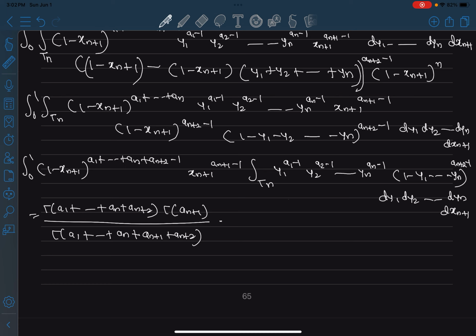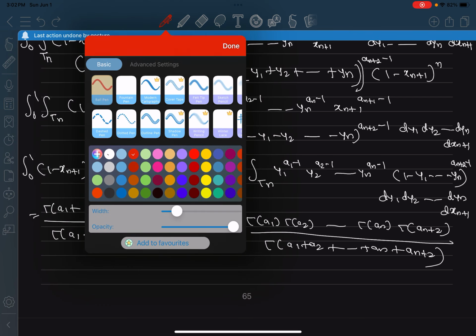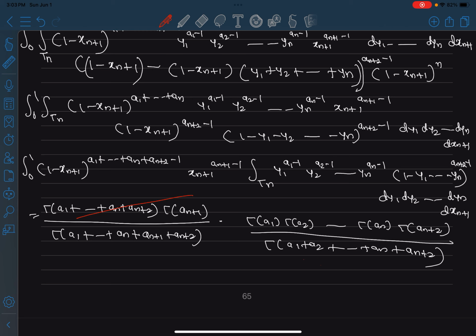And for the second integral, we know from the inductive hypothesis that this equals gamma a1, gamma a2 up to gamma an, and then gamma an plus 2 by their sum, right? So gamma a1, gamma a2 up to an plus 2. Finally, the moment of happiness, because these two cancel out, right?